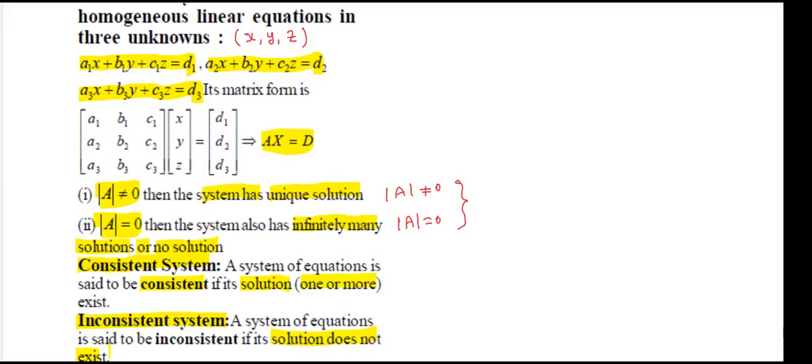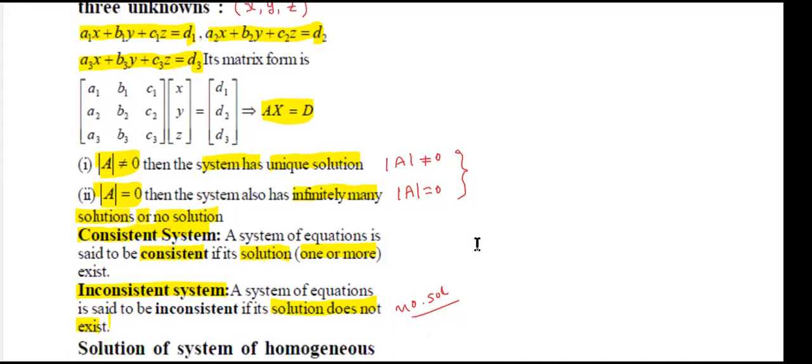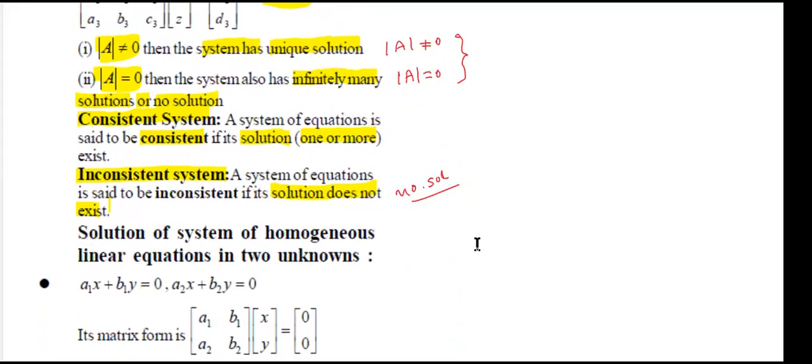A consistent system has two types of solutions: a unique solution or infinitely many solutions. Two solutions or three solutions are not there. Either a unique solution or infinitely many solutions, then we say the system is consistent. No solution means an inconsistent system.